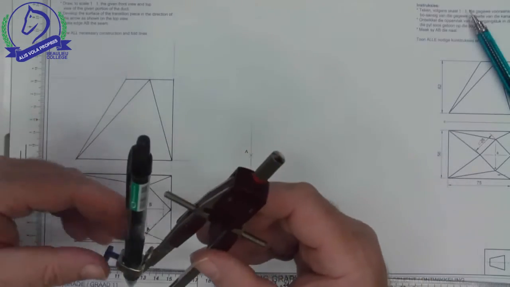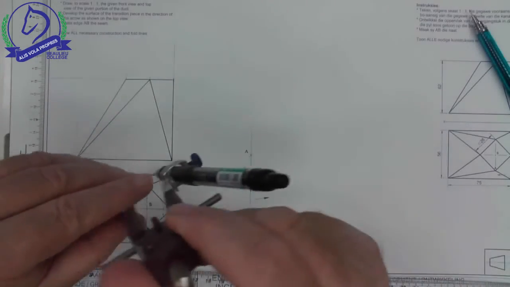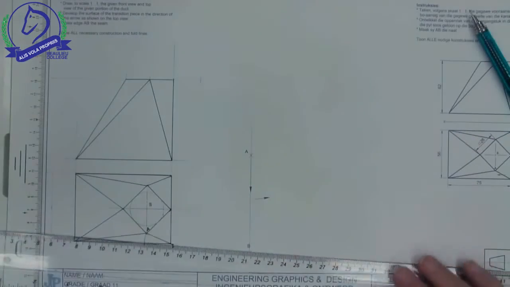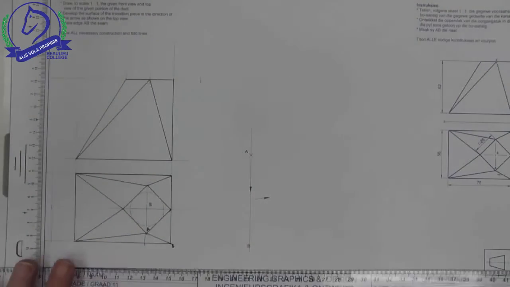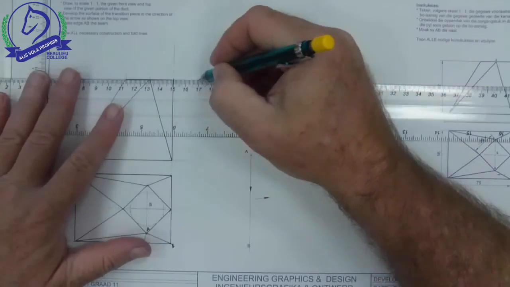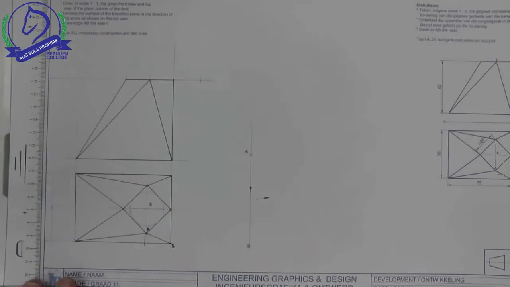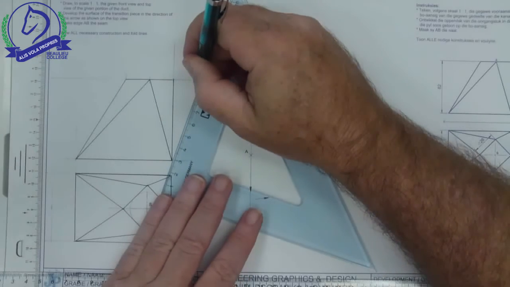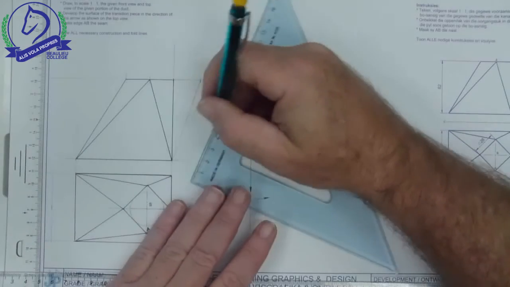That would give me the distance, but then bring it up here to my front view and mark that off, and that will give me my true length 1 for my start length AB.